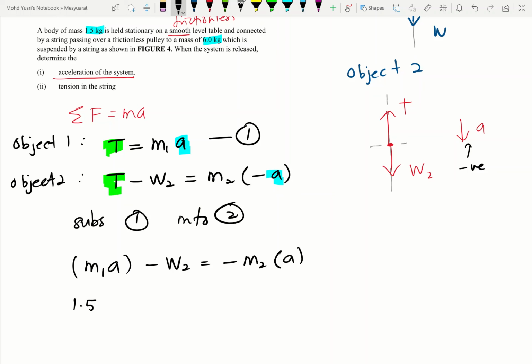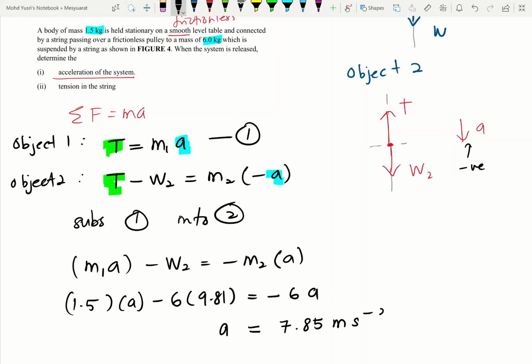M1 is 1.5 times A minus W2, where W2 is equal to M2 times 9.81, and M2 is 6 kilogram, is equal to negative M2 again, so another 6 kilogram, times A. Then we can rearrange this equation to find the value of A, which is equal to 7.85 meter per second square.